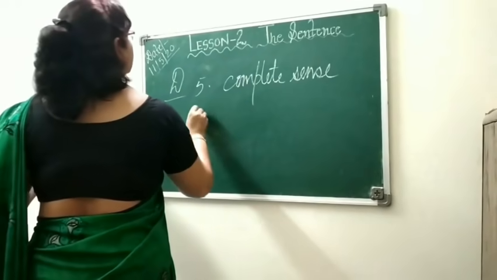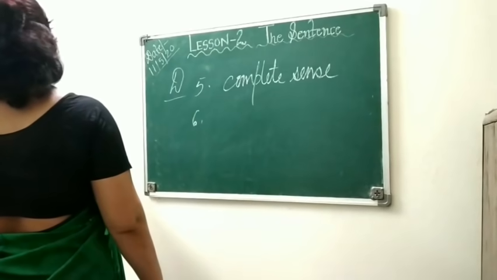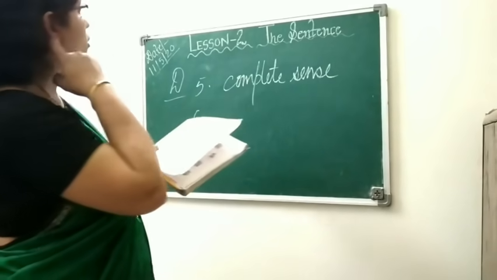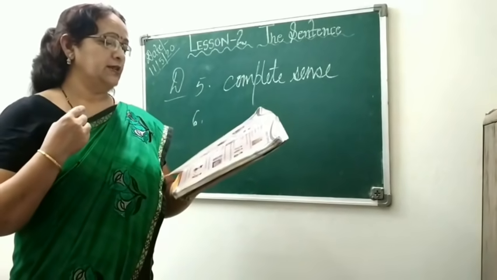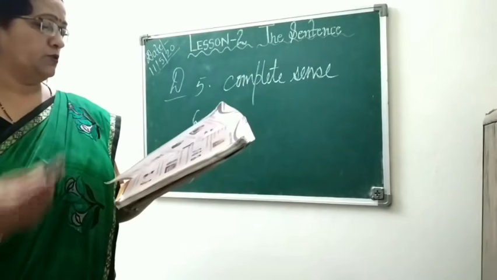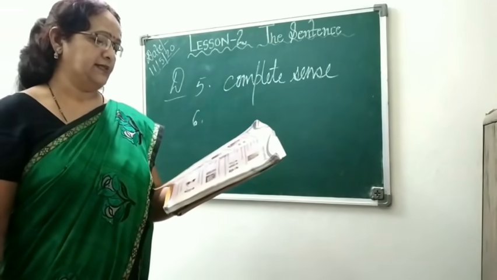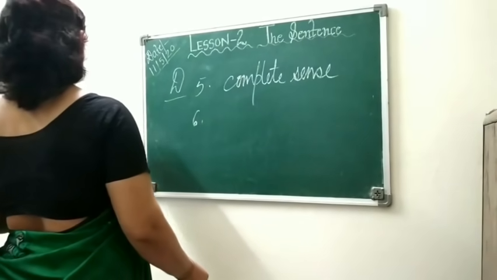Now let's see the sixth one. "It is easy to find fault." So now you tell me, students, is this group of words making sense? Yes, this group is making a sense. So it is a complete sense.